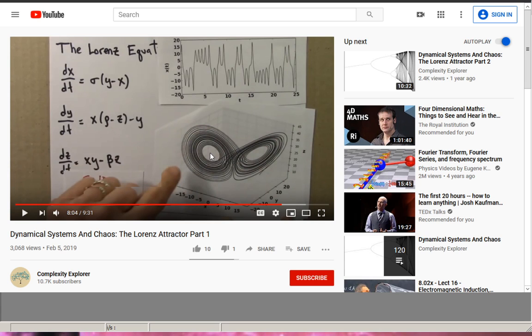I mean, if you look at this picture, there's 2D representations, like there's three planes here. But it looks like you can see where the lines kind of bunch together.